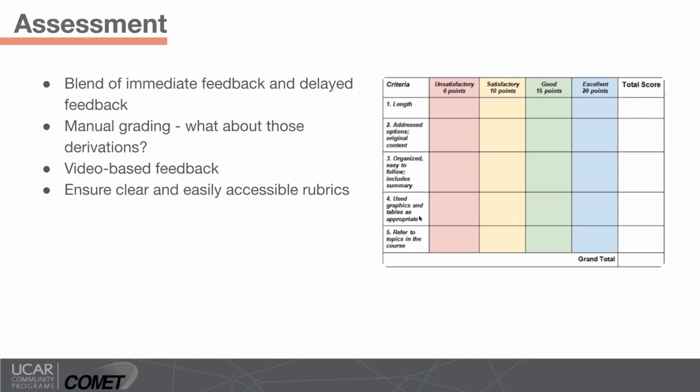Another question that comes up often is when you're doing manual grading of things, especially things like derivations or other analysis for the topic of weather. We saw that drawing tool earlier. You can still have them submit things like they would in a traditional classroom on paper. It is really nice if they have access to a touch device, a touch laptop, or some sort of tablet, and they can do the actual drawings or the derivations that way, save it as an electronic file, and submit it.